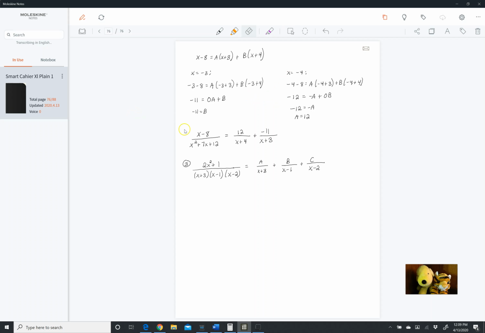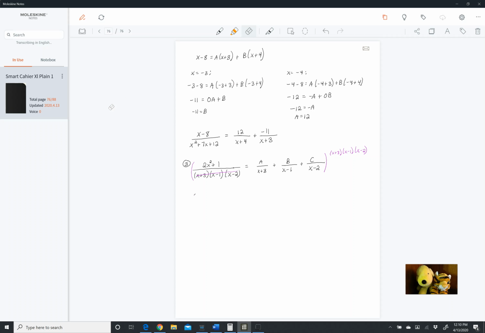So now we multiply everything by the denominator on the left. And I'm going to write it like this, because it doesn't really matter. x plus 3, x minus 1, x minus 2. That means that this is going to cancel. That's the whole point. Okay, so here's the difference.